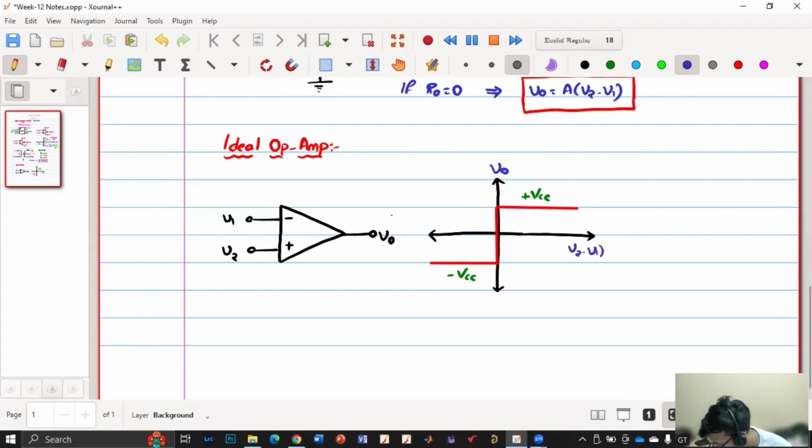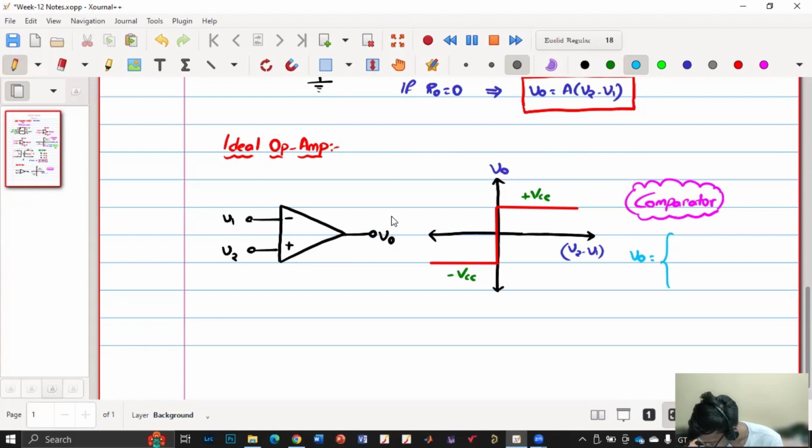So there is no linear region, as if it is working like a comparator. What happens if I write V naught? V naught is equal to plus VCC or minus VCC.